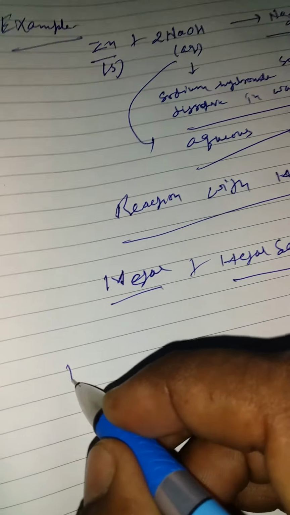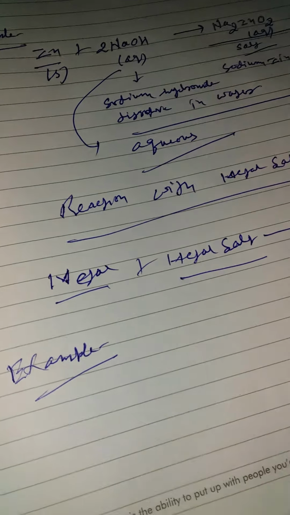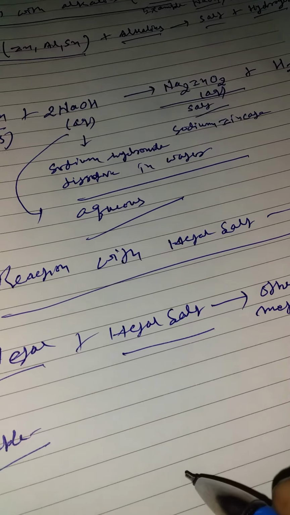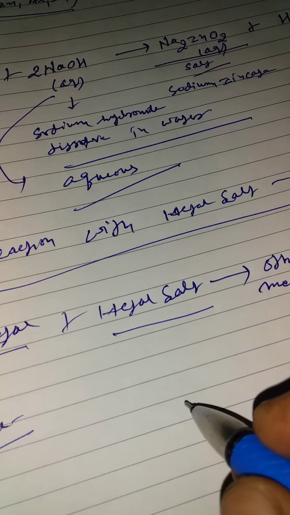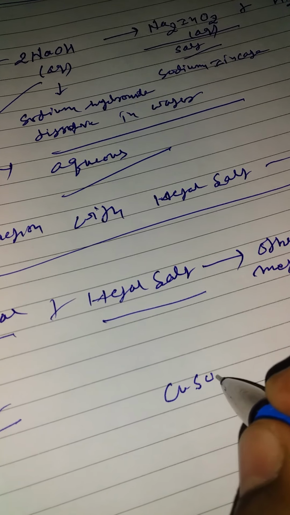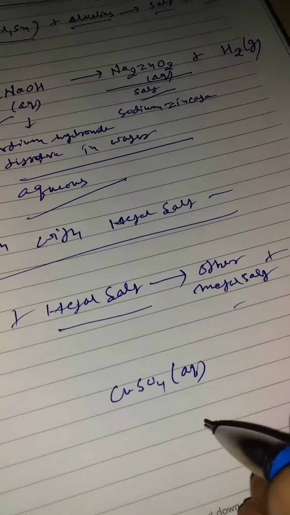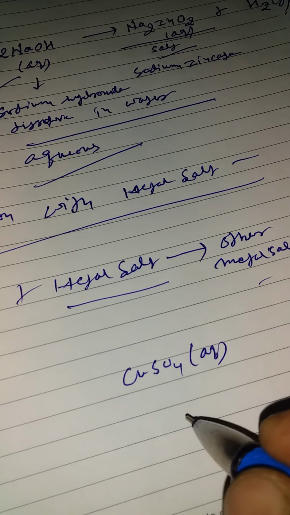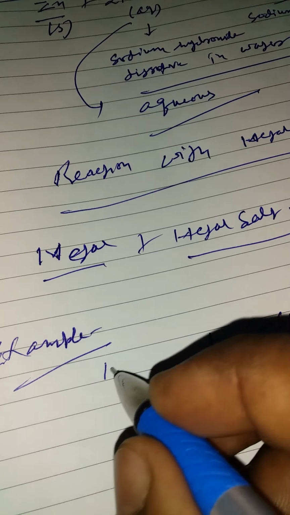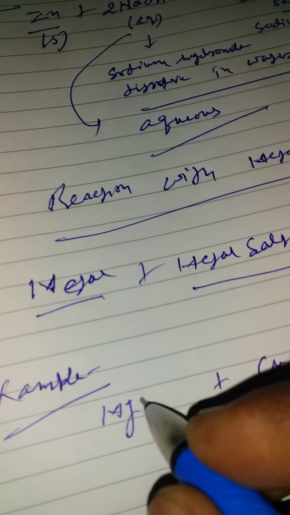As for example, activity 9 is given in your book in which copper sulfate aqueous solution is taken in a test tube and magnesium metal kept into it.